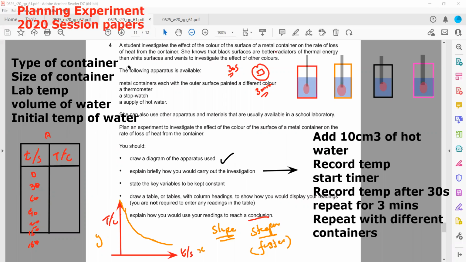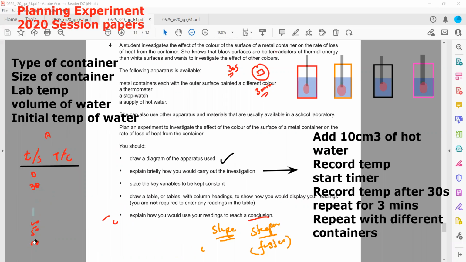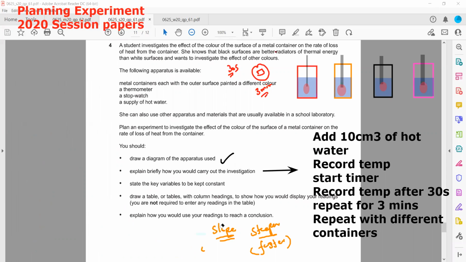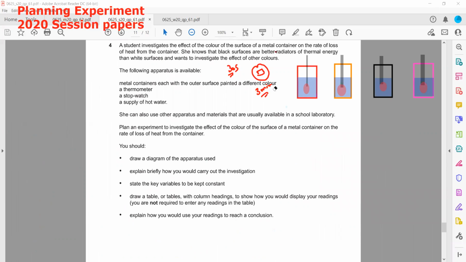So this was an experiment related to finding the rate of cooling, and how it is affected by the surface color of a container.